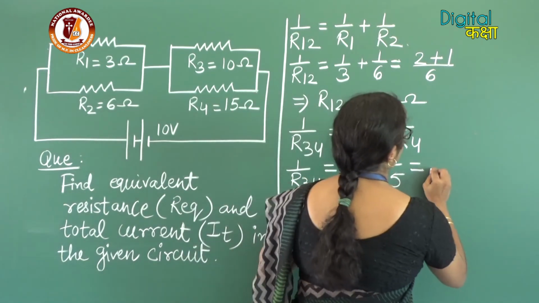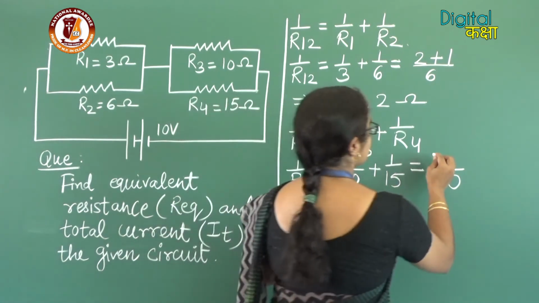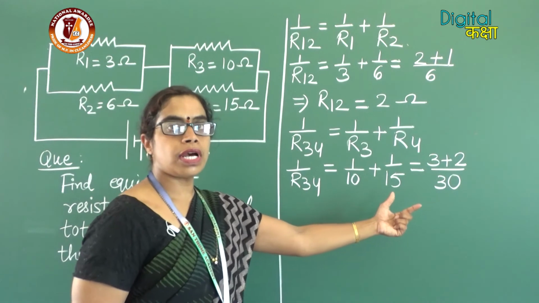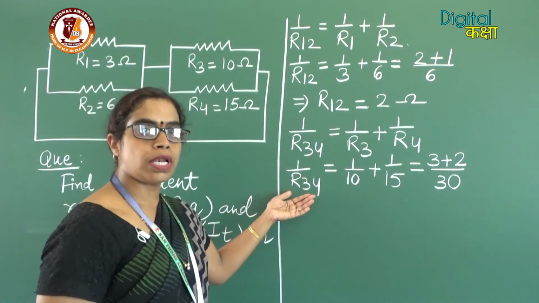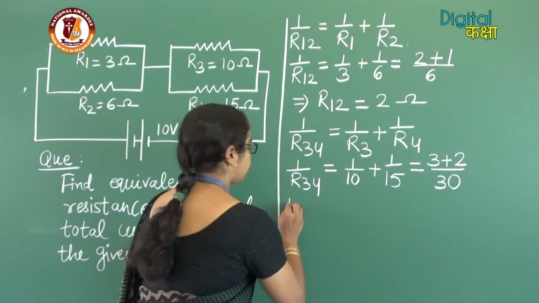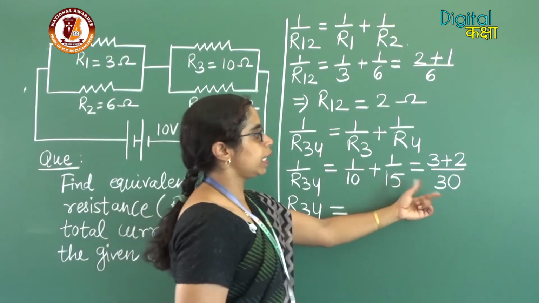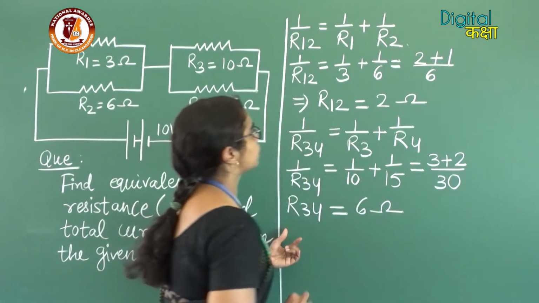The LCM of 10 and 15 will be 30, and the numerators will come out to be 3 plus 2, which will give us 5 upon 30, and on taking the reciprocal to get the value of R34, the answer will be equal to 30 upon 5, that is equal to 6 ohms.